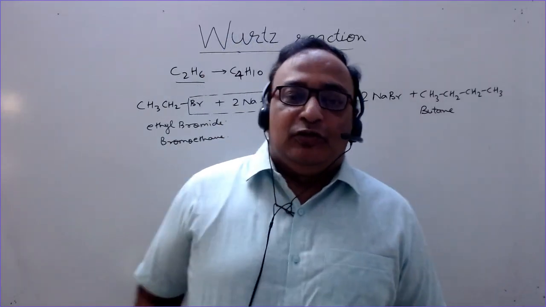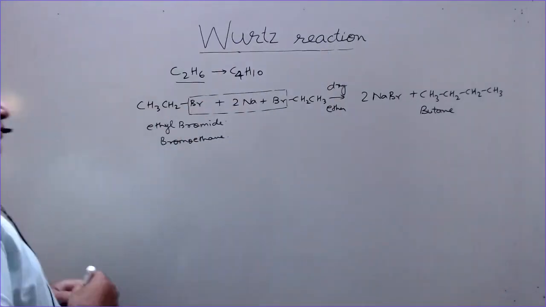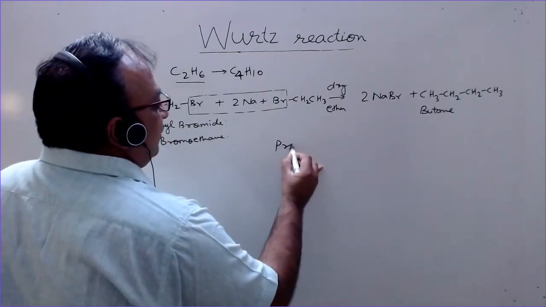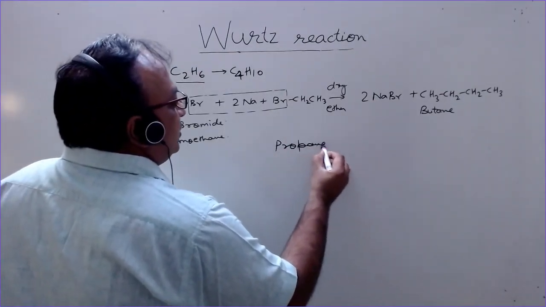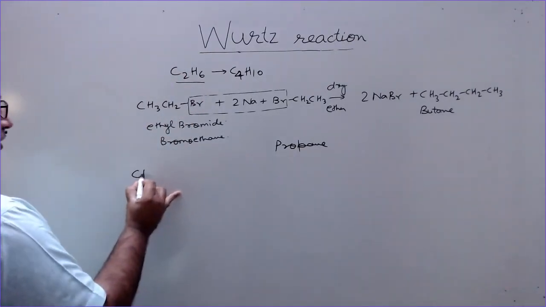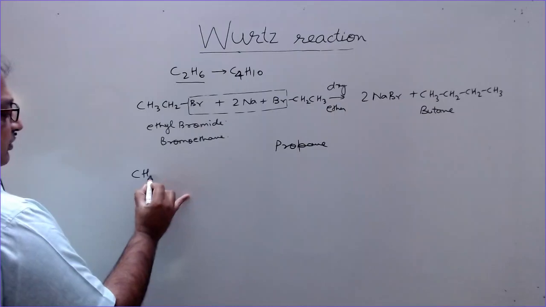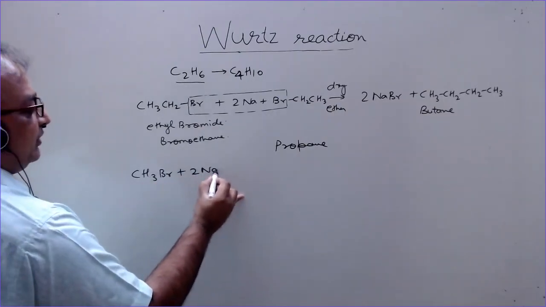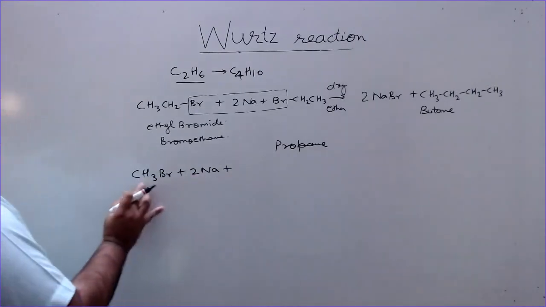The answer to this question is, suppose I want to make propane. How will I make propane? I will take bromomethane or methyl bromide plus 2 Na; it contains 1 carbon atom.